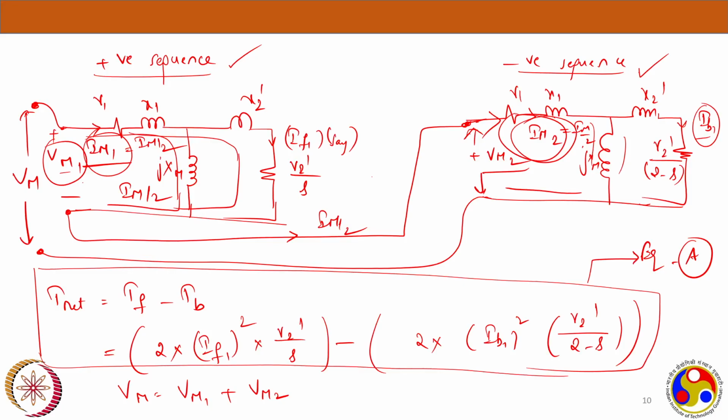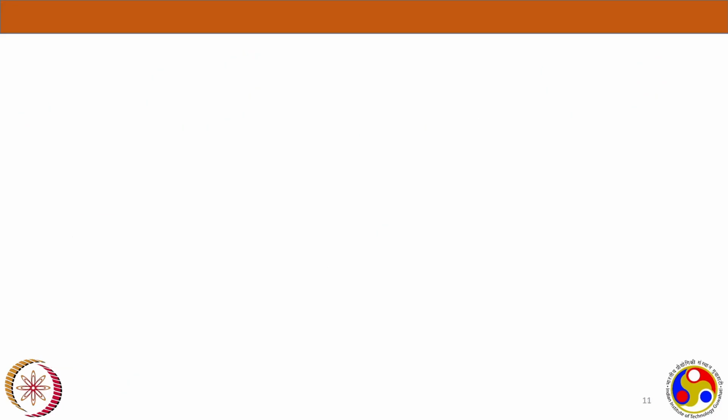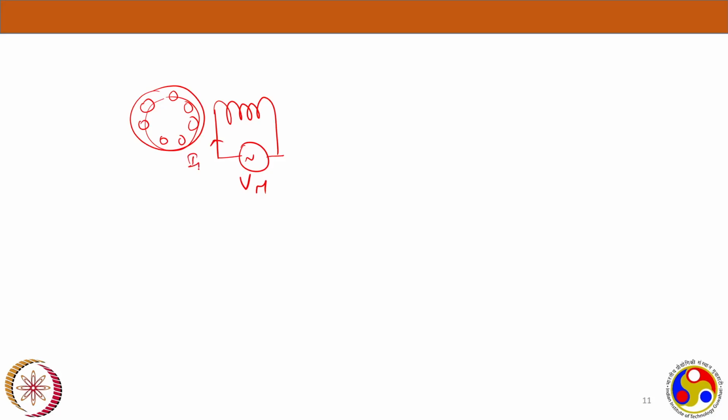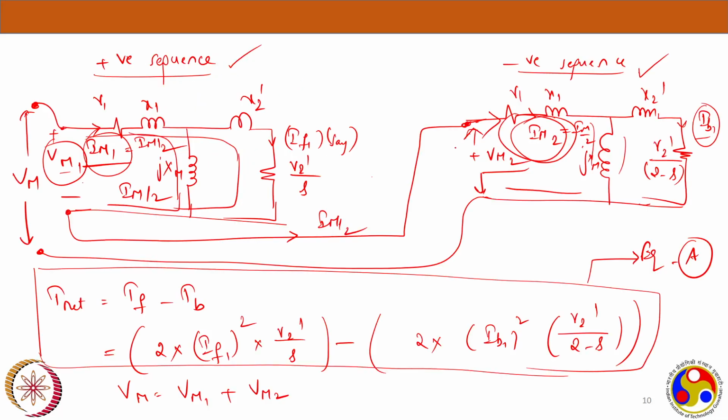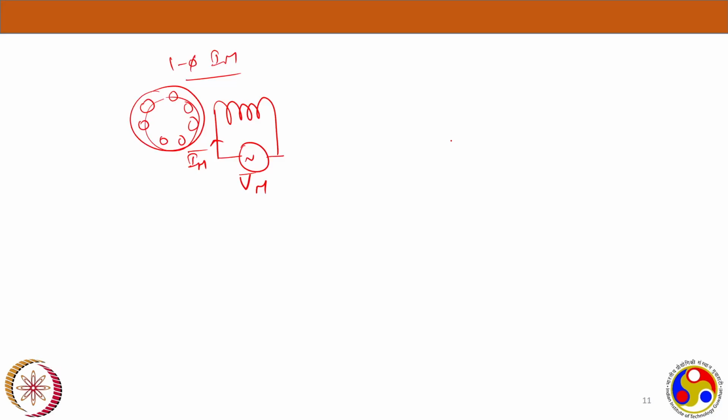Now if you have a look at the original circuit with which we started our discussion today, we have now combined both equations. We got VM at the input, so we have only this circuit. I started with this main winding, current IM will flow, and this is my single phase induction machine. In the equivalent circuit you saw, I got the VM, and the torque is okay and everything seems okay.